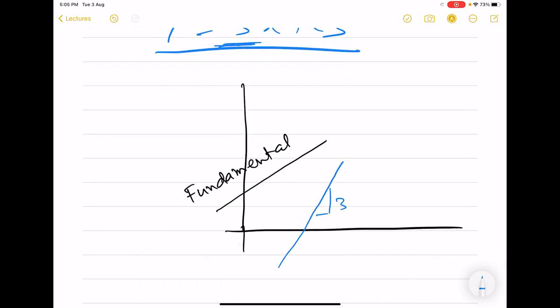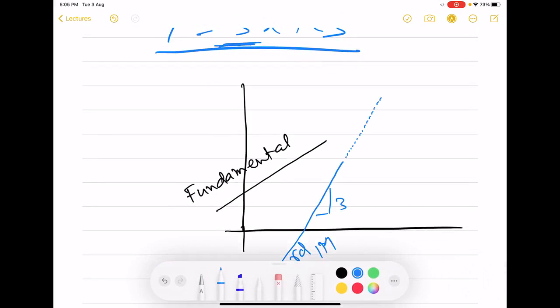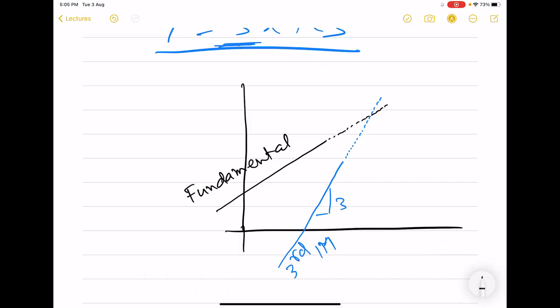So this is third IM. So here we can see that if we were to extend these two plots, they will intersect at a point. And this point actually does not occur in real life because this plot, keep in mind, is for small a.